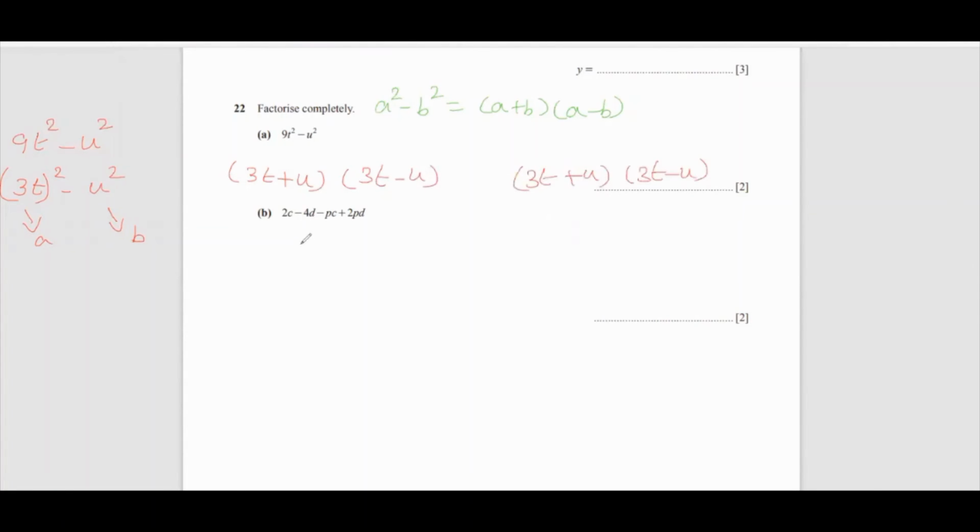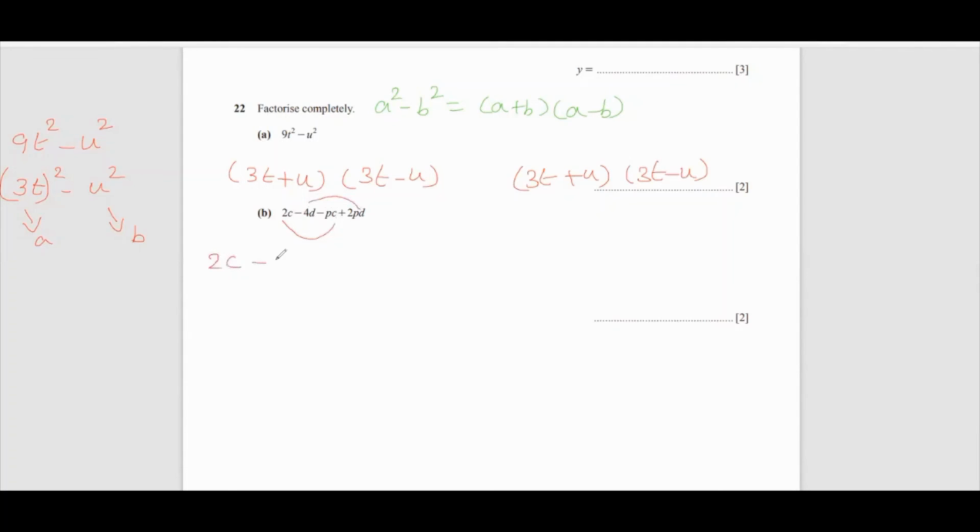Next. The next problem also says to factorize completely. Here you have 4 terms: 1, 2, 3, 4. When they ask you to factorize completely and you have 4 terms, it means you need to rearrange the terms. Then only can you factorize.